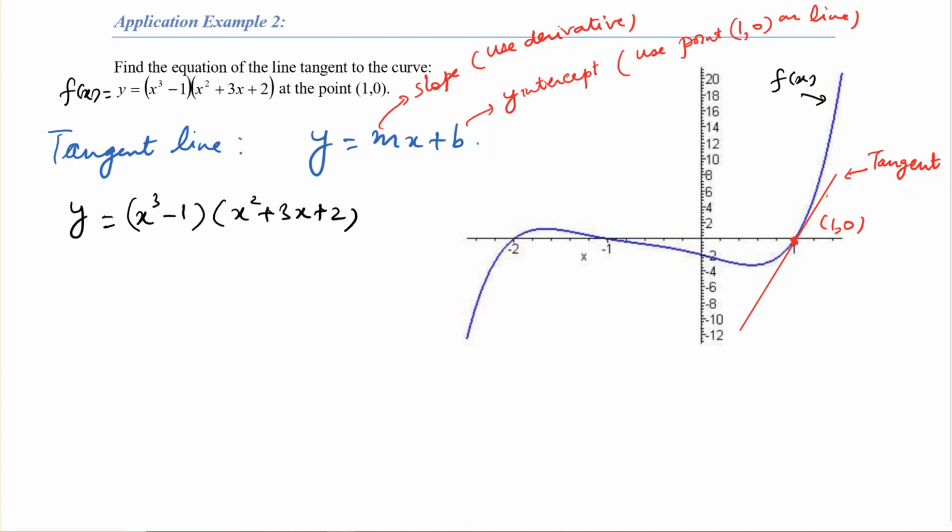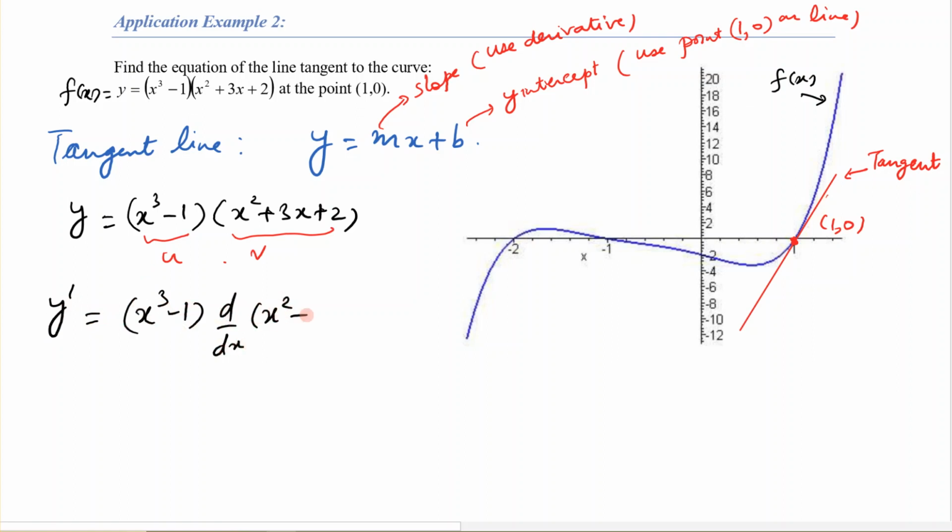To find the derivative, or the slope, we note that the function is of the form u times v, so we can use the product rule. The derivative would be: first function as it is, times the derivative of the second, plus the second function as it is, times the derivative of the first.